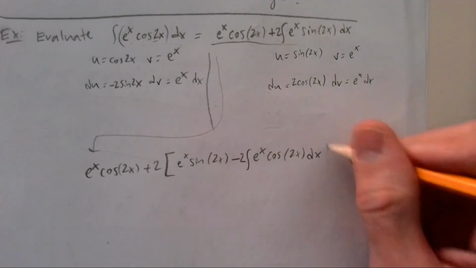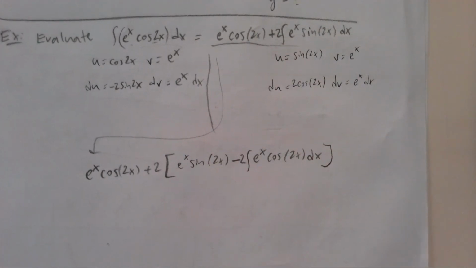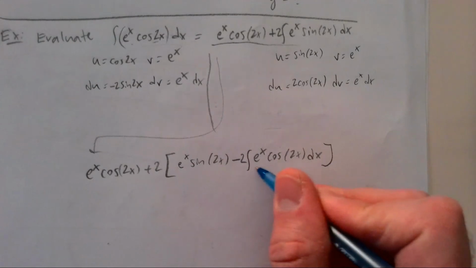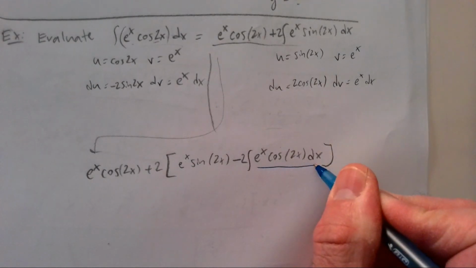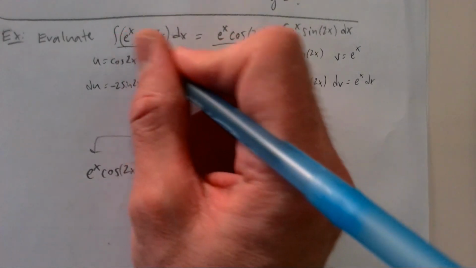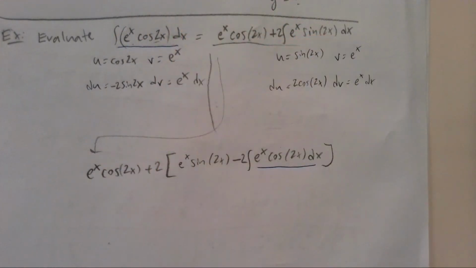Okay, so hopefully at this point you might say, wait a second, we went in a circle, because we did. This is the exact same integral that we started with. Yikes. Okay, so how are we going to proceed?